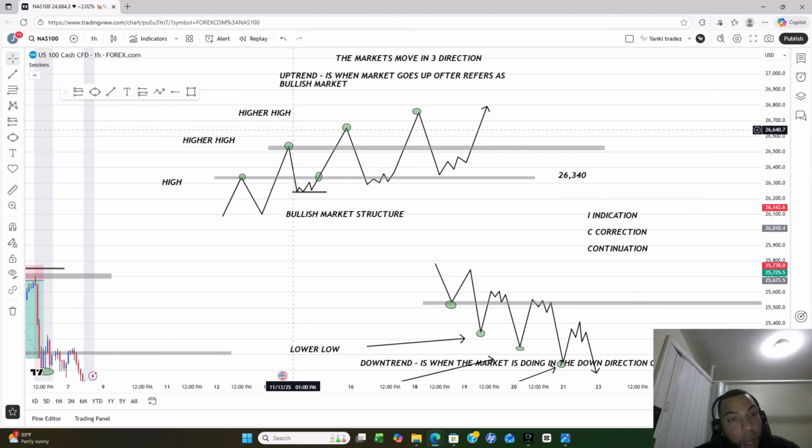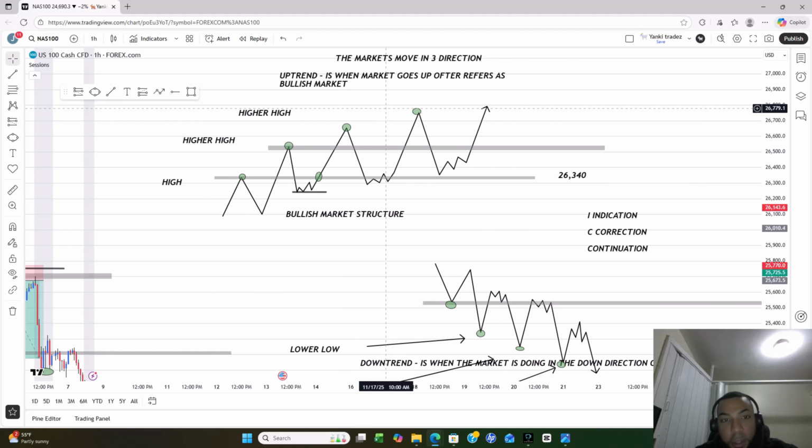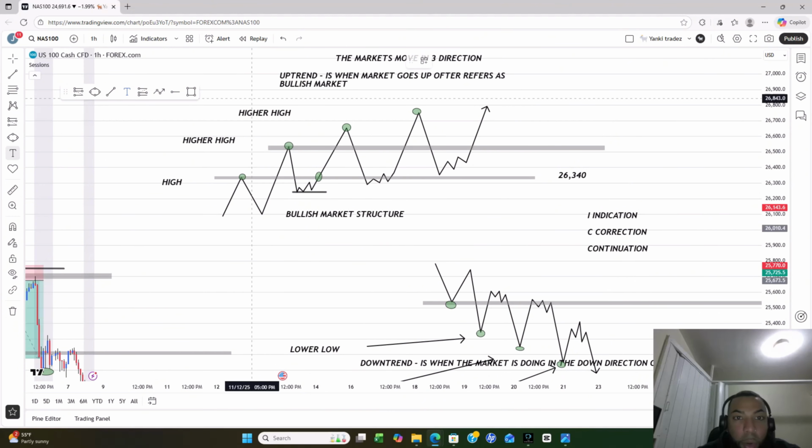People that are not in our group just wait for the candle to break the level and place the entry, and they place a random TP out of nowhere. They don't know where the market is going.